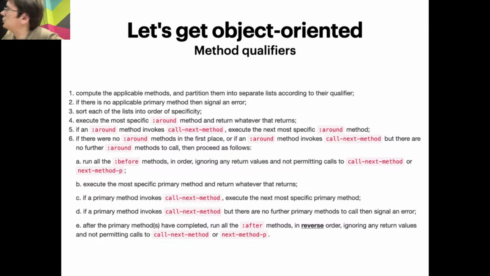In other words, we can make our generic function specific to classes of our arguments, and we can also hook our methods even further, so we can execute functions before or after our generic functions. So this is very flexible.